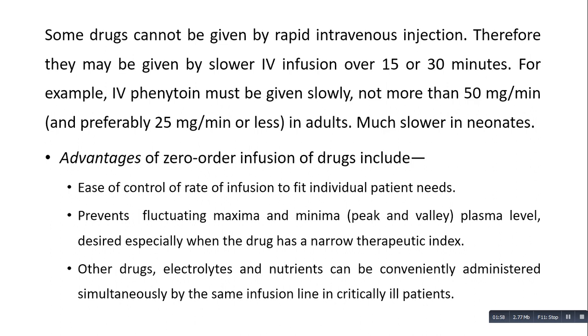For example, phenytoin must be given very slowly, not more than 50 milligram per minute, and preferably 25 milligram per minute or less in case of adults. It is much slower in case of neonates.